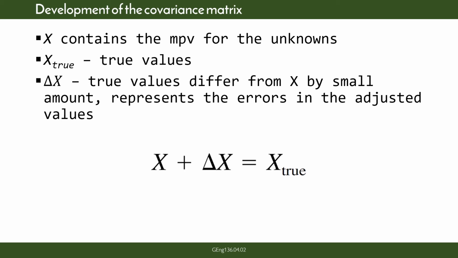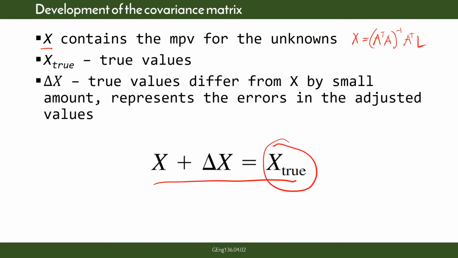So if you revisit the equation or the formula, that is the normal equation. Here we have this equation. This serves as your true value, and this delta x is the amount by which the true value differs from x.